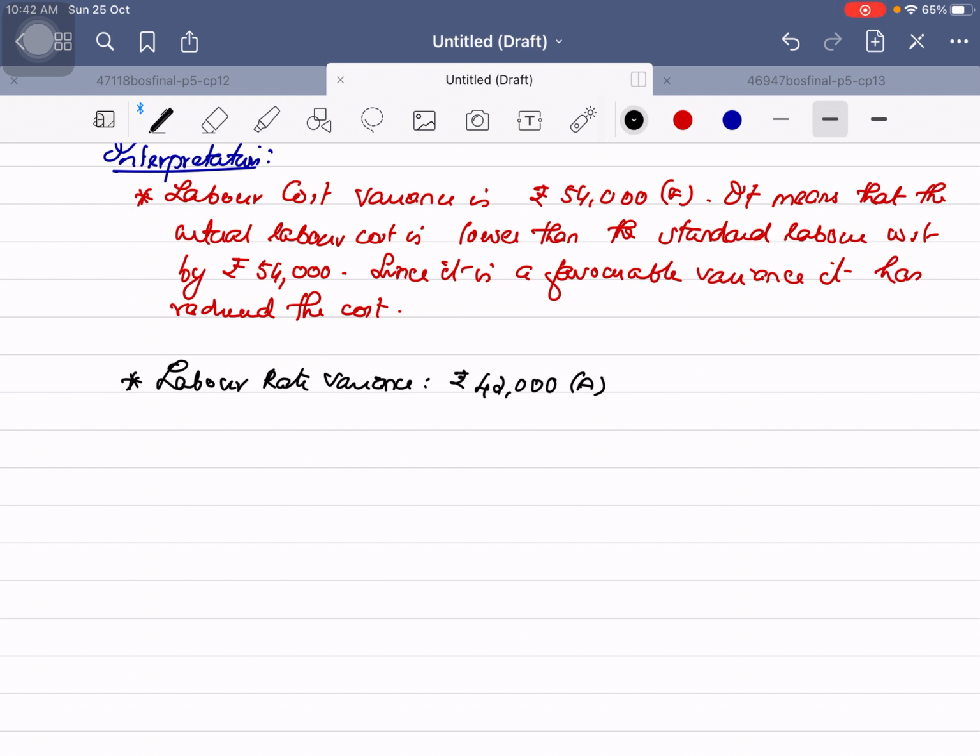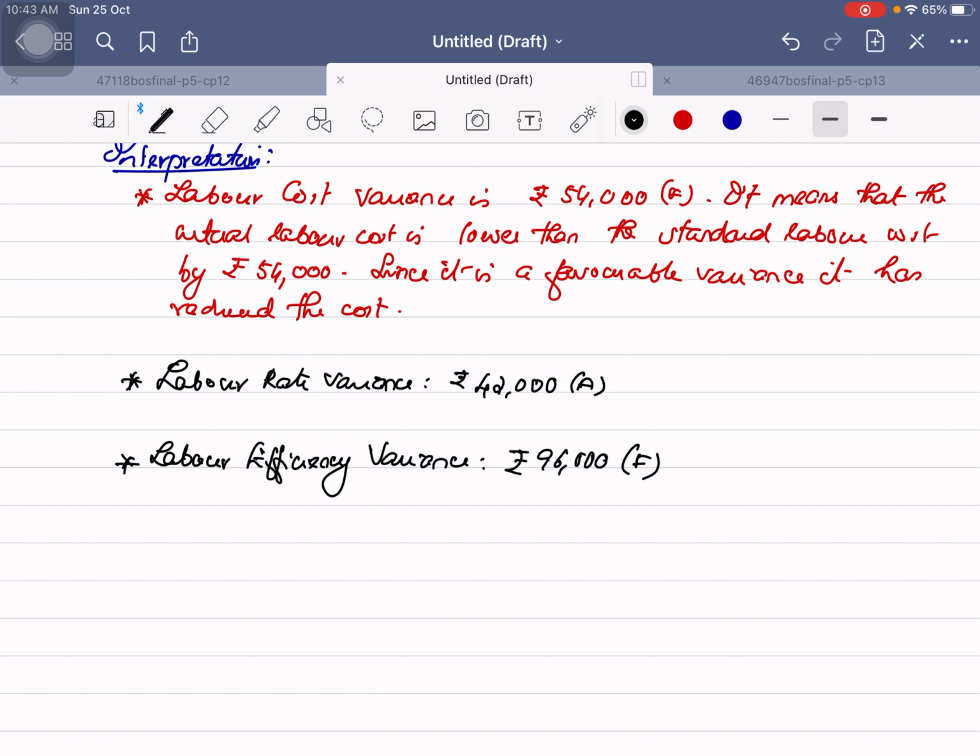Now last one is labor efficiency variance. Now what is labor efficiency variance here? Labor efficiency variance is rupees 96,000 favorable.